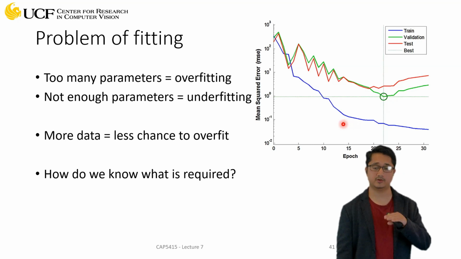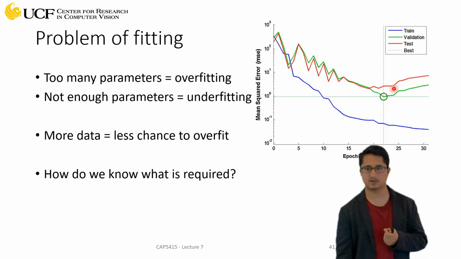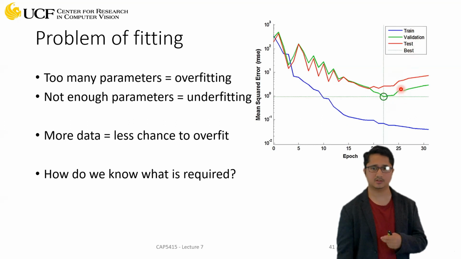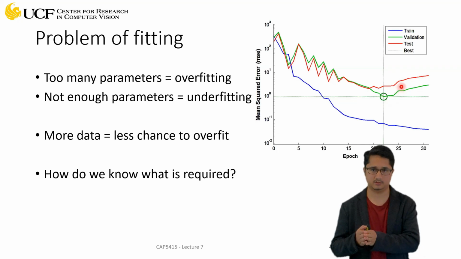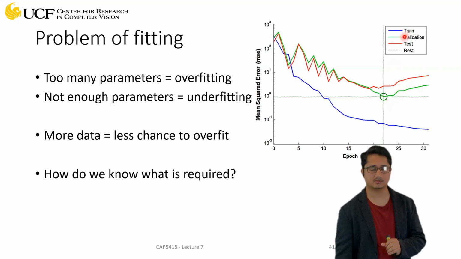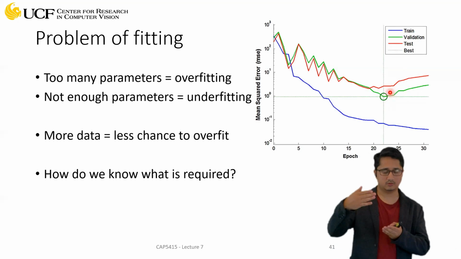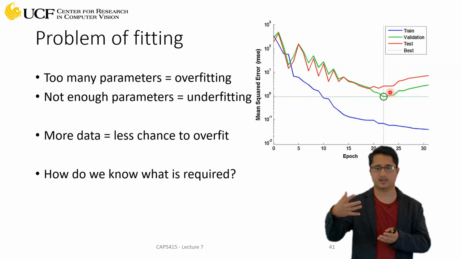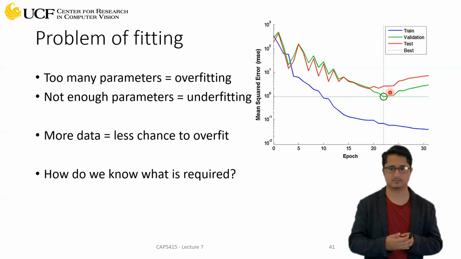Then we talked about two other splits: validation and testing. Testing is something which you never look at; you just evaluate your model. But validation is something which you can peek through. You can test your model on validation and make corrections to your model.